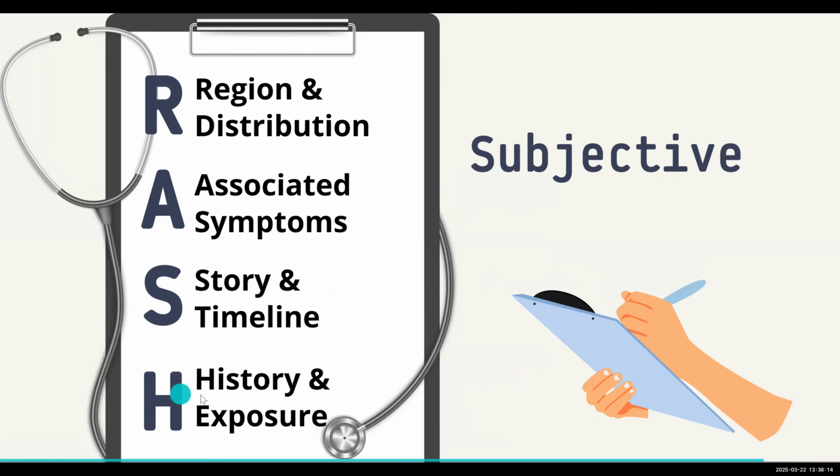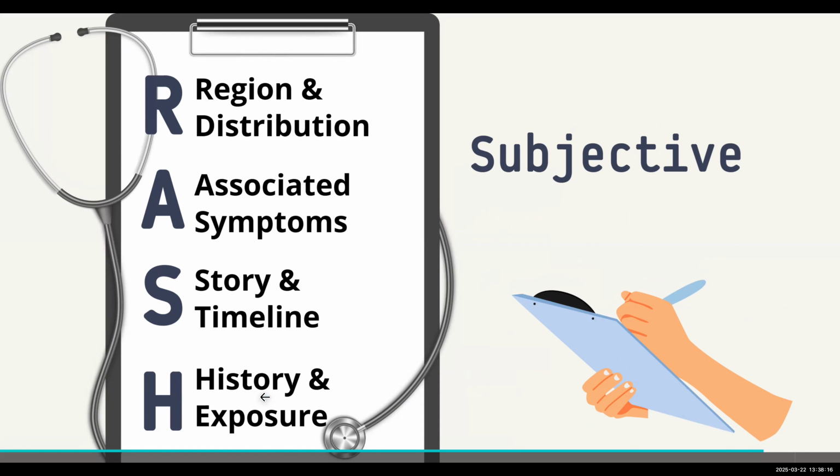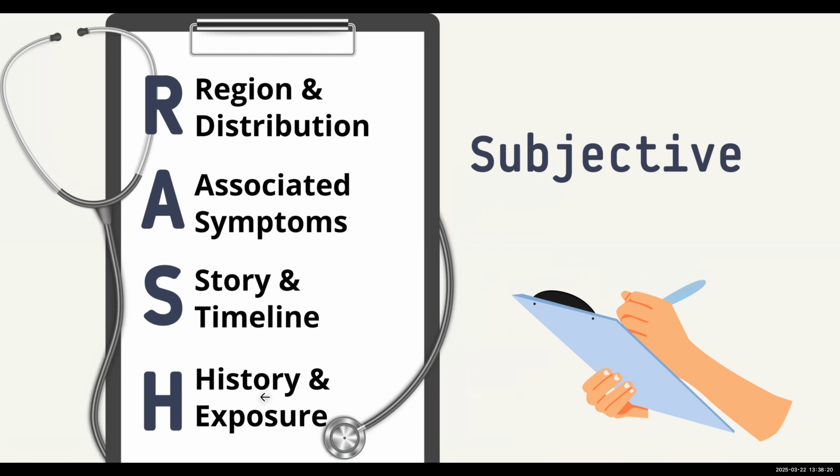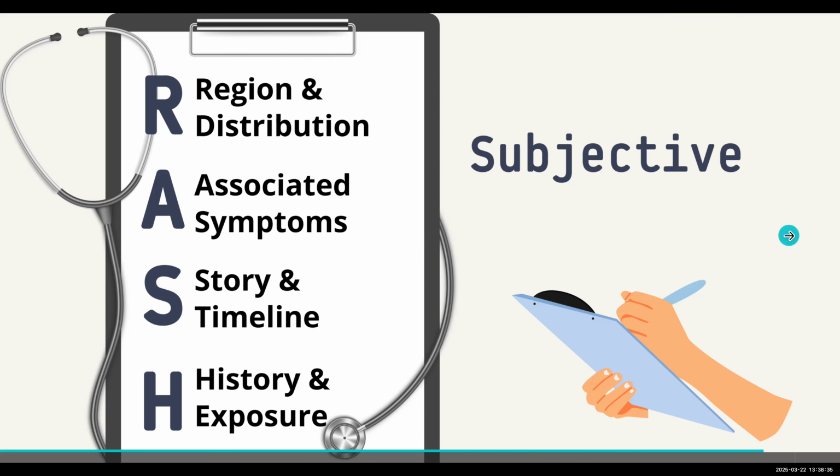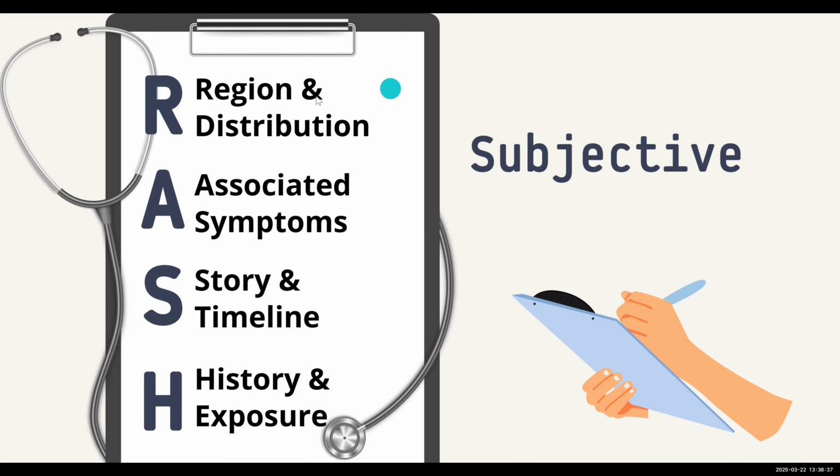The H, history. Exposure, travel exposure, if they were traveling, for example. What interventions have been done prior to them coming to you? Did they apply any other remedies prior to them coming to you? Did they try any home remedies?